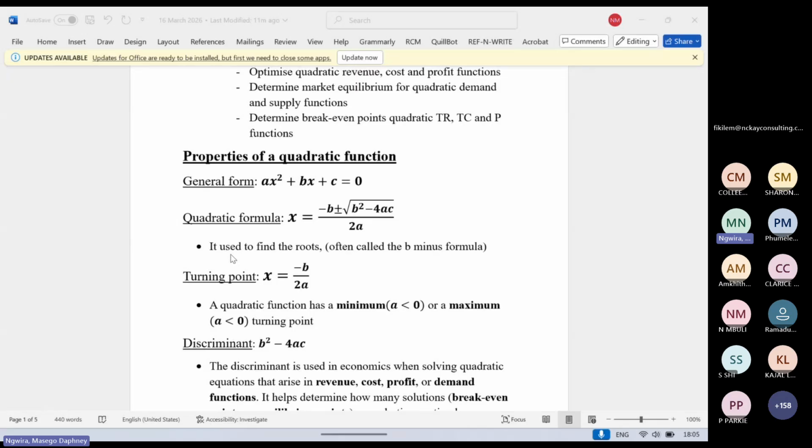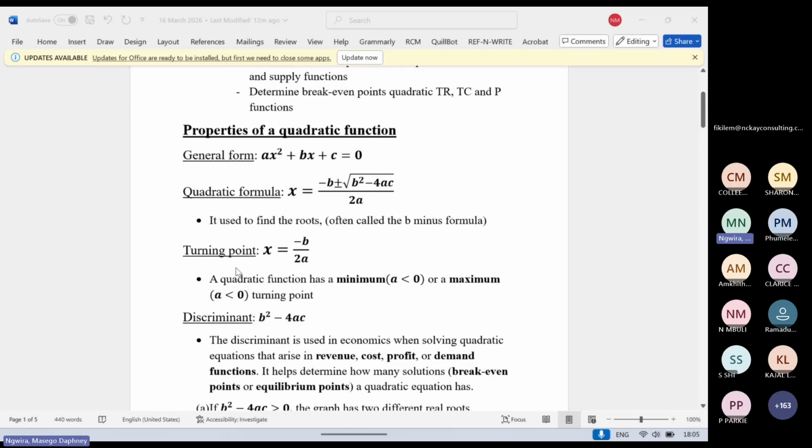It is used to find the roots. When we talk about the roots, we're talking about your x in this case. And when we have a plus or a minus, it means that we are going to have two answers when we use this formula.